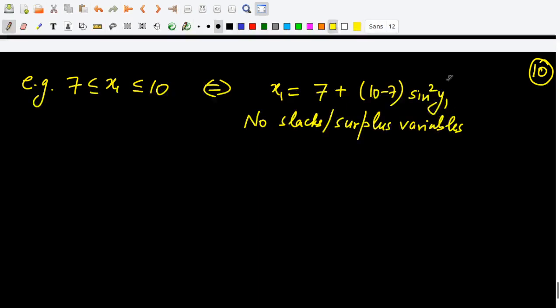However, I still have an additional variable, and I have a nonlinear term now instead of something which was earlier very simple and linear. So these transformations are usually not recommended, because they make the problem more difficult to solve rather than making it easier.